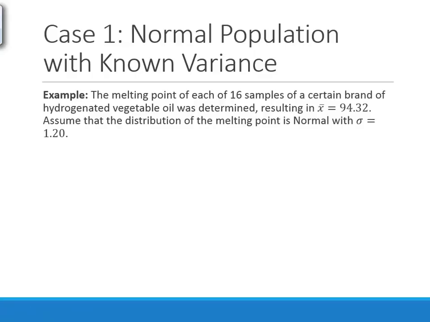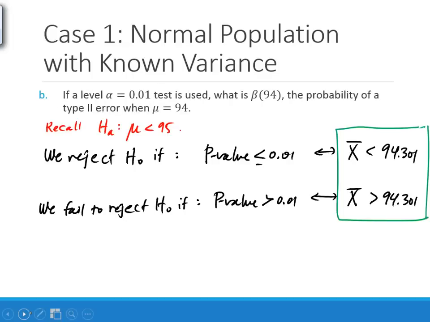Okay, so going back to this example from earlier in the chapter, the melting point example. We did a hypothesis test, but then the second part of this question asked us to find the probability of a type 2 error. This relates to something in your homework problem.